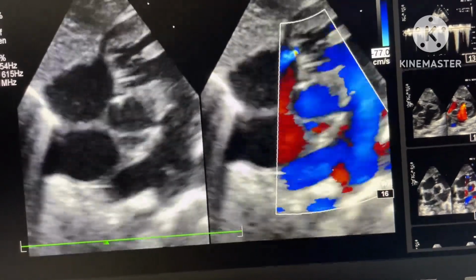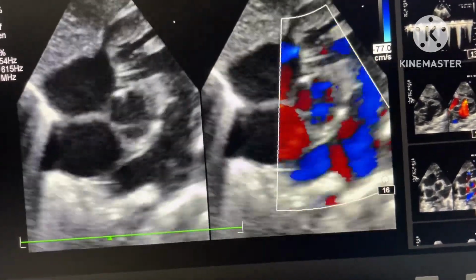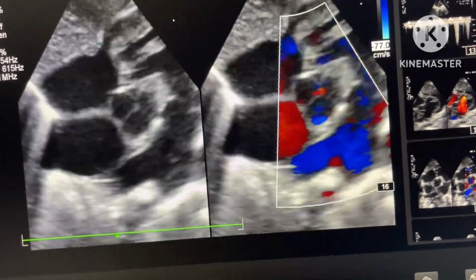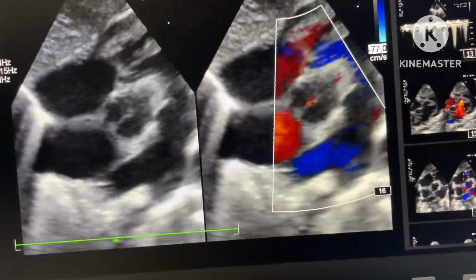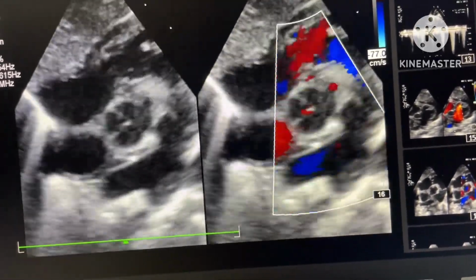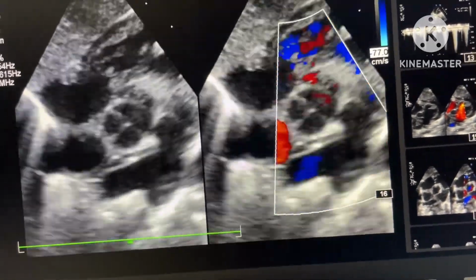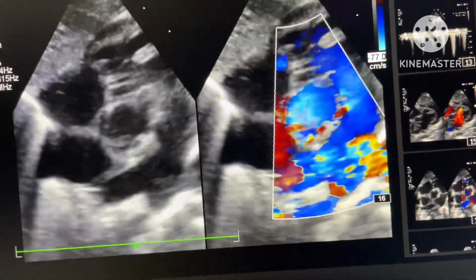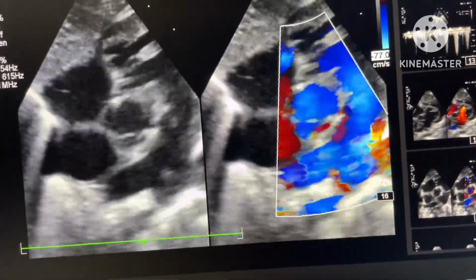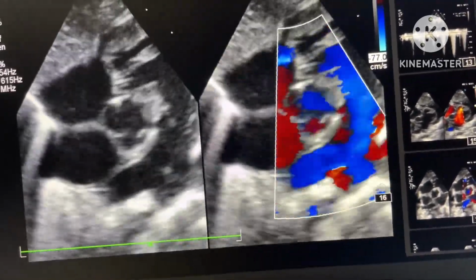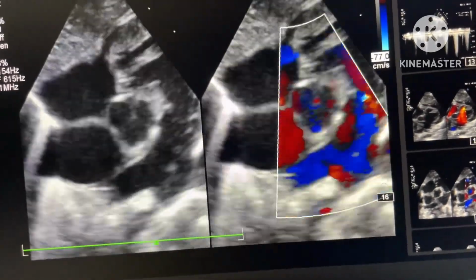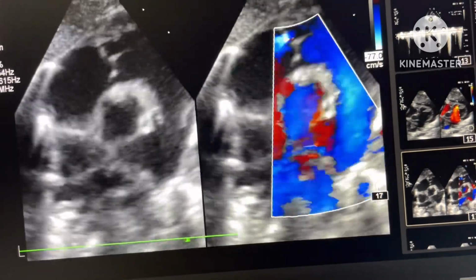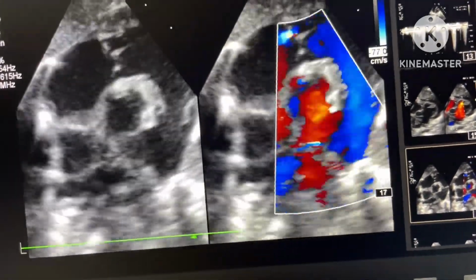Similarly, in case of PDA, if pressure in pulmonary artery and aorta is almost the same, there will be no significant flow, and you will miss it by color Doppler. Similarly, in case of aortopulmonary window, if you do not concentrate on 2D image, you will miss it by Doppler finding, because pressure on both sides is equal and flow is minimum. You cannot find it simply by looking at color Doppler image.